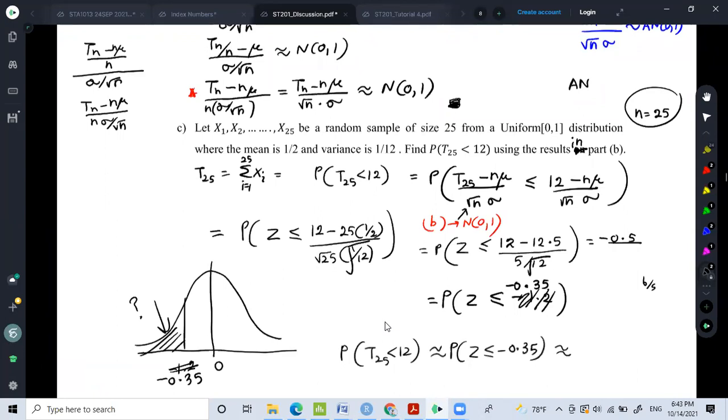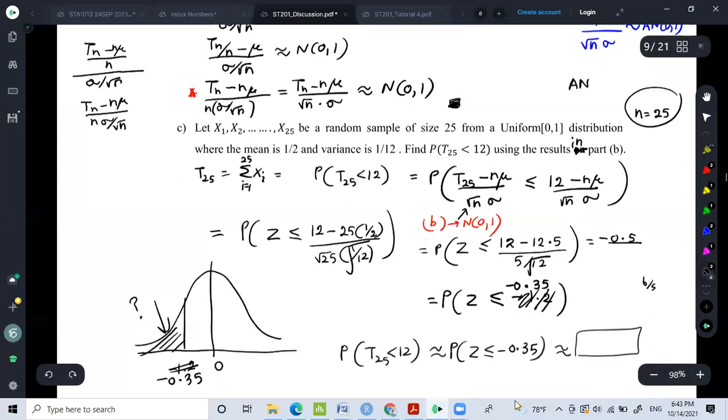And you can easily see that the uniform 0, 1 is continuous, while the probability you want is discrete, and you are using a continuous distribution to approximate a discrete probability, right? You are approximating a uniform probability from the normal. So that is why you don't put an exact equal sign. This is an approximate probability.